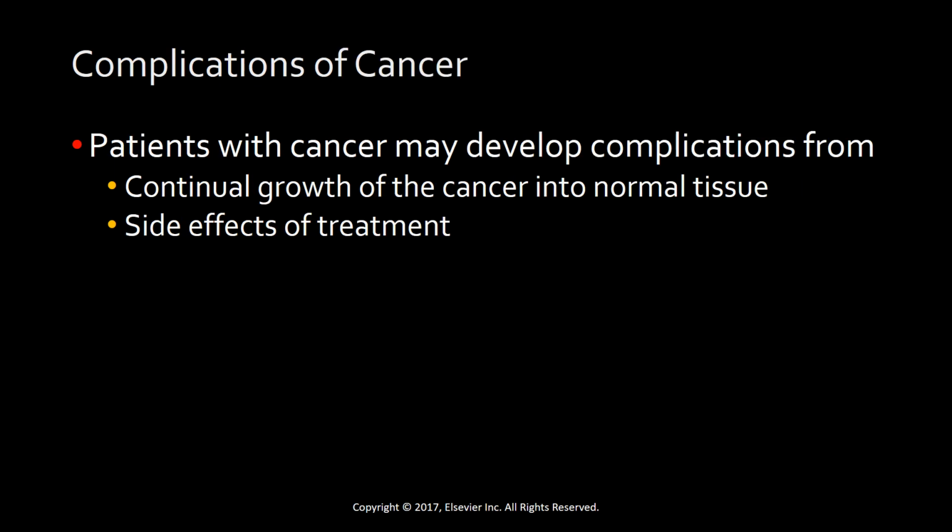Patients with cancer may develop complications related to continual growth of the cancer into normal tissue or the side effects of the treatment. As we've discussed throughout this chapter, there are many complications, many side effects, and many issues that can occur with the use of these different types of therapies to fight cancer and radiation therapy.